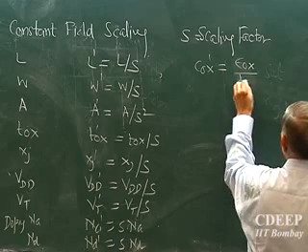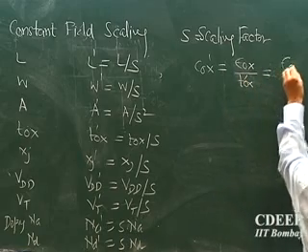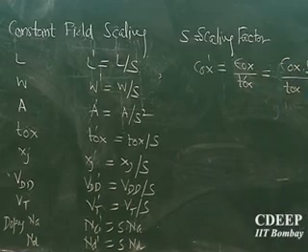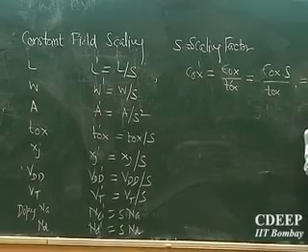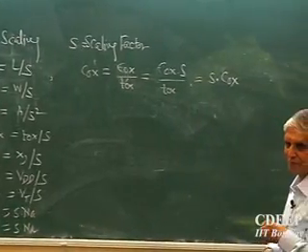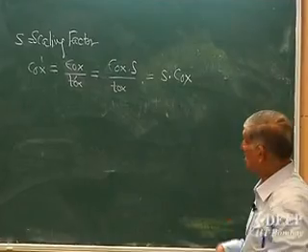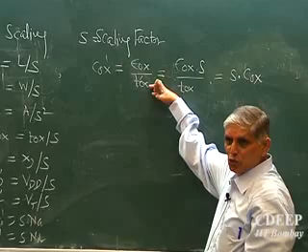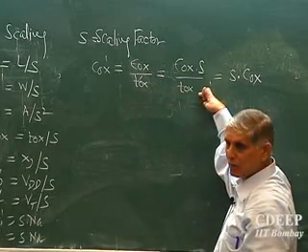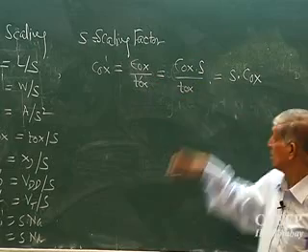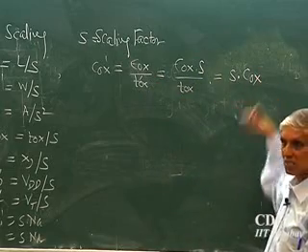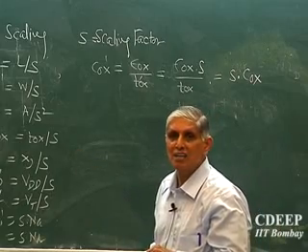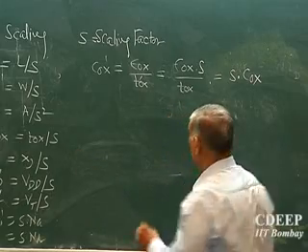The new scaled capacitance is epsilon ox by Tox dash, the new thickness, but the new thickness is Tox by S. So this is S times Cox. I'll quickly write down a few of them. W by L will not change. Is that correct? Why? W and L both scale, so they don't change.